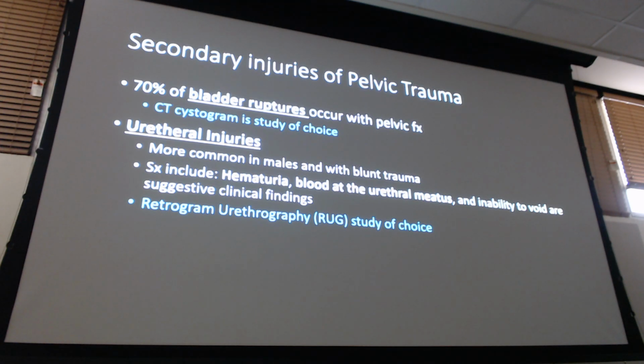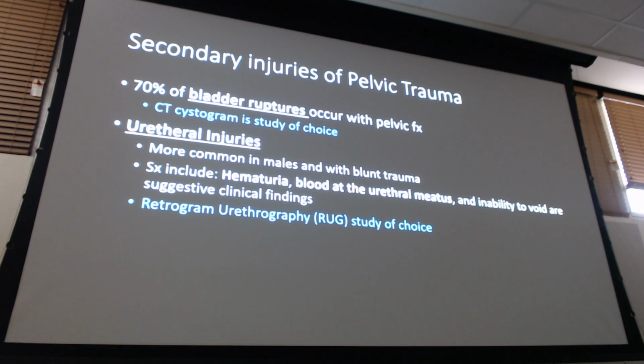Okay? Urethral injuries, also very common in pelvic trauma. More common in males than females. Why? The longer urethra, there's more of a chance of it being injured, right? So a lot of times you're going to see this on physical exam with blood at the urethral meatus.